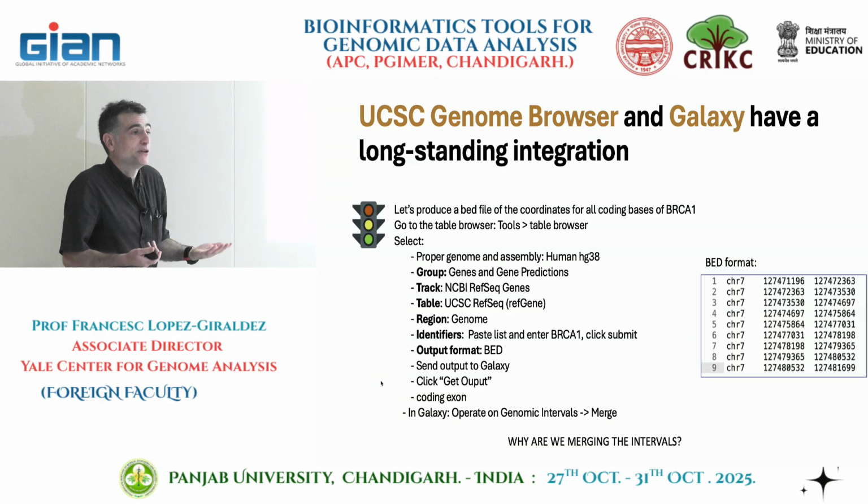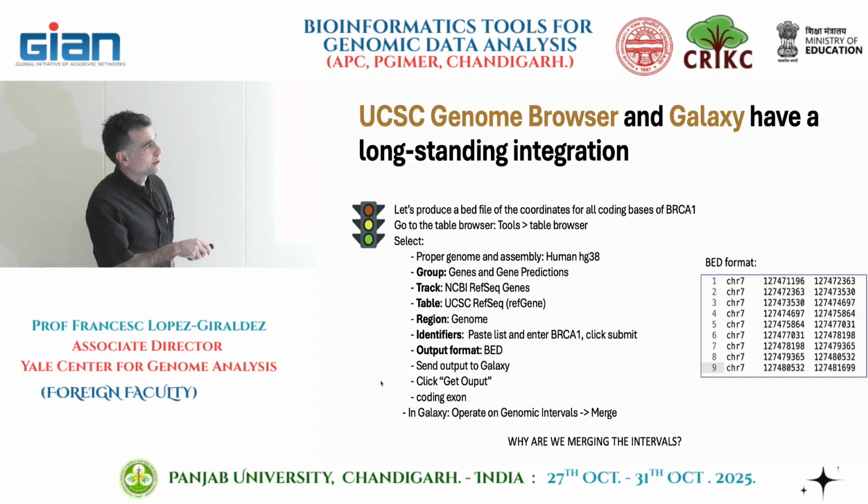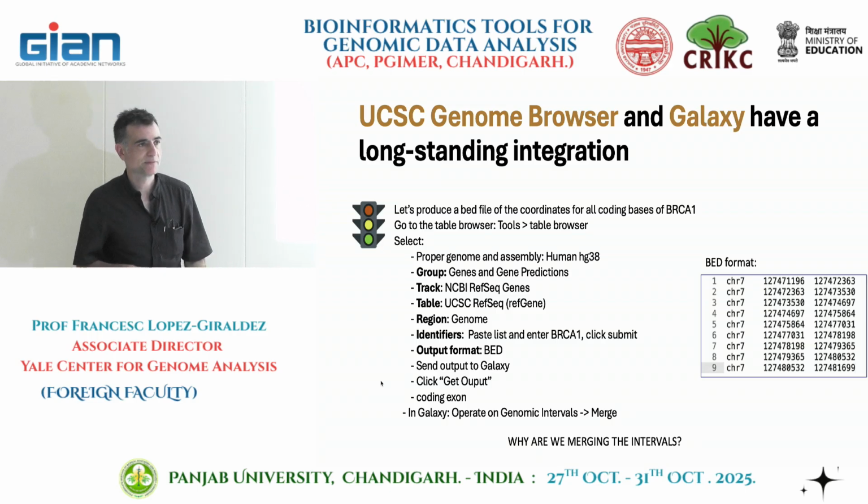And then how you want the information. The output that I want is a BED file, which basically tells you the chromosome, starting and ending position of something. At some point we're going to ask what type of information we want, which is the coding exons.